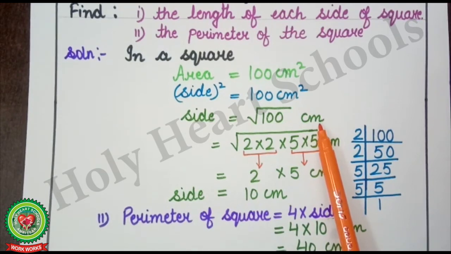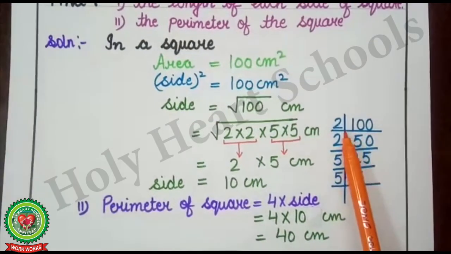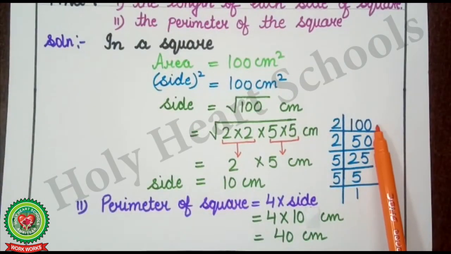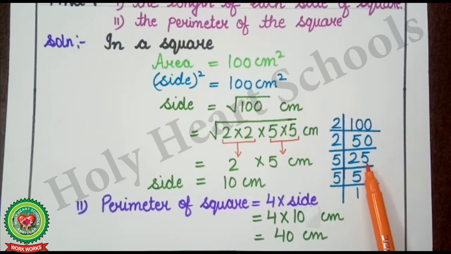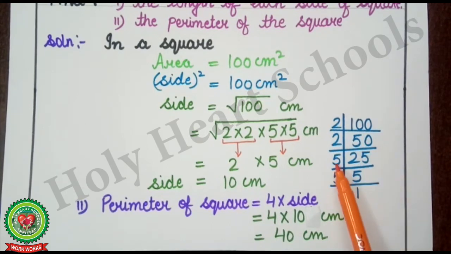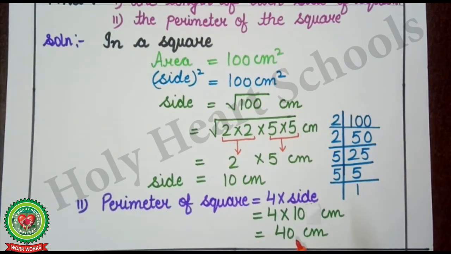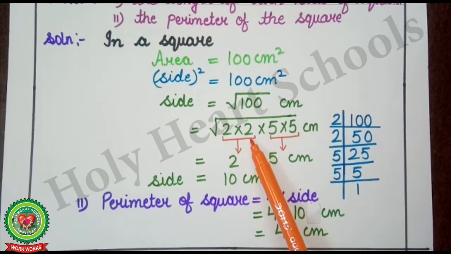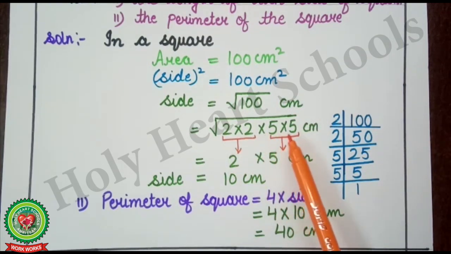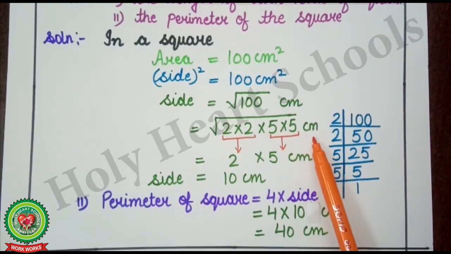Now we know how to find the square root by the prime factorization method. Here 2 50s are 100, 2 25s are 50, 5 5s are 25 and 5 1s are 5. Now here what will come? 2 by 2 by 5 by 5 under the root, centimeter.